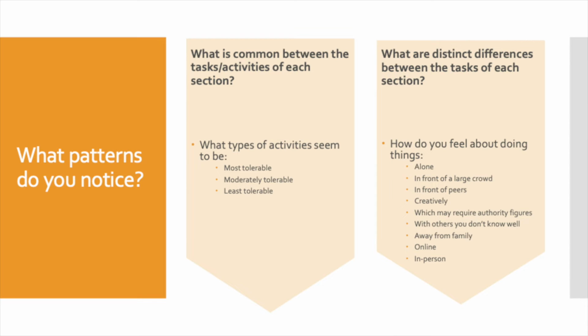Or maybe they involve thinking creatively, which may be least tolerable. Or maybe you're someone who's very social, and the most tolerable things are things that you do in front of other people or with other people. So just look over the different layers and see what kinds of activities seem to fall in each layer, and if there's a common pattern of those activities.